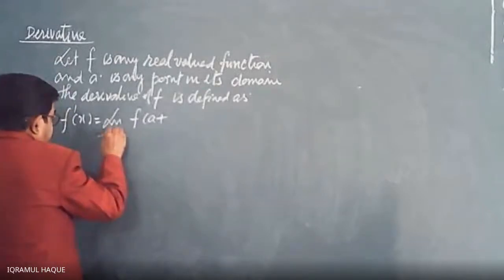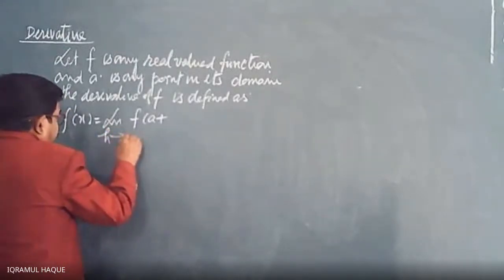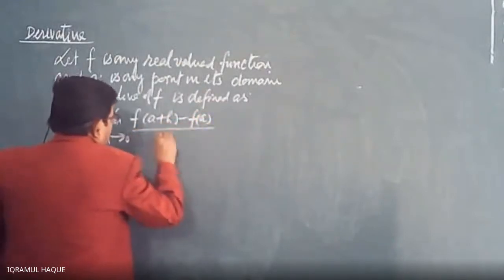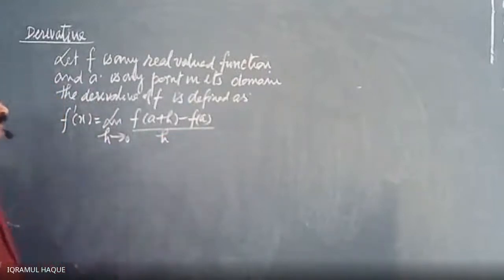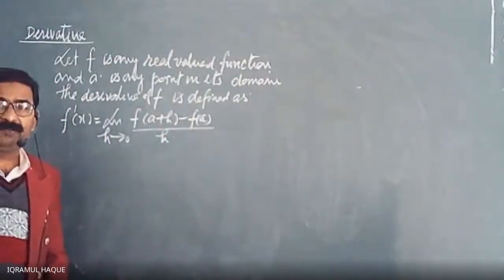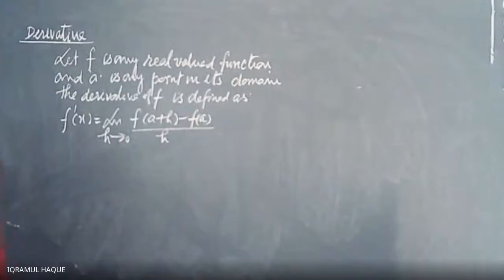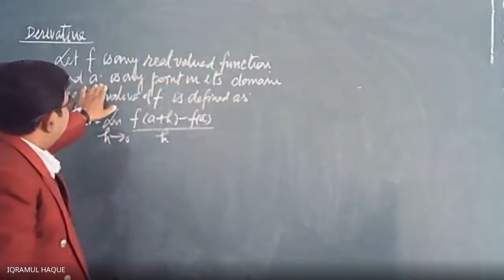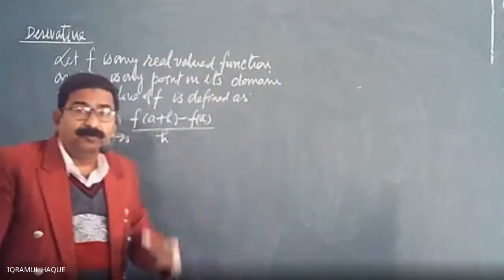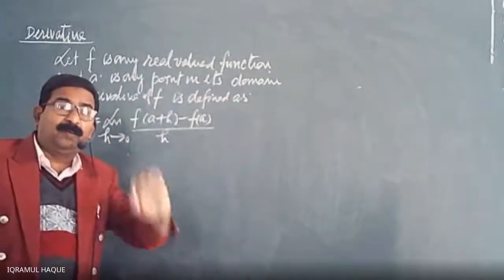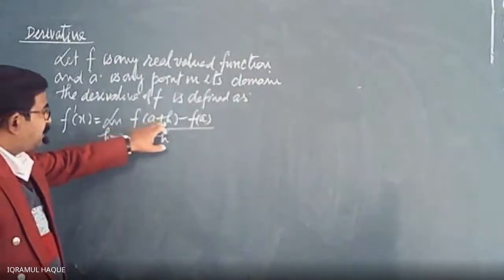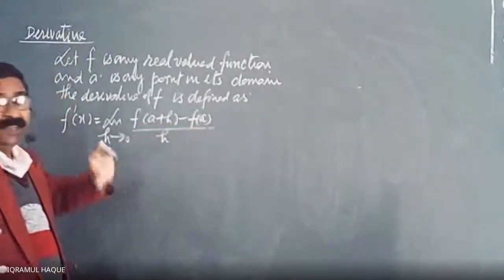This is the basic definition of derivative. It means, if f is any real valued function and a is any point in its domain, we take the nearby or neighborhood point a plus h. So limit h tends to 0, f a plus h minus f a upon h is the definition.